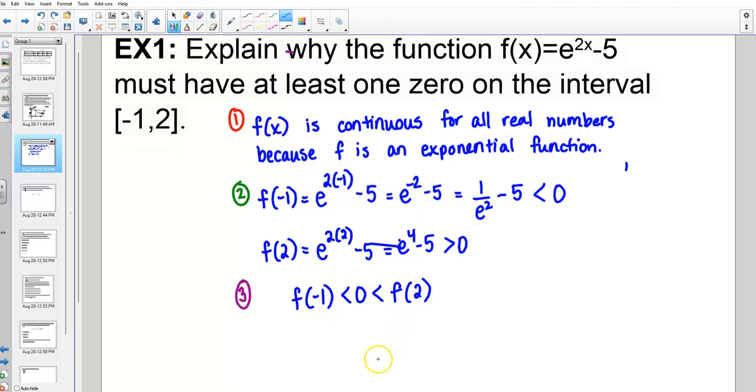And then our last thing that we need to do is our conclusion.